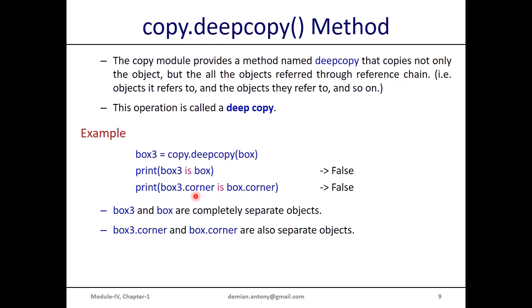But now box3.corner is a separate object, and box.corner is totally separate. That's why I get the value false. By these two methods, the programmer can create multiple copies of an object without any confusion and any ambiguity.